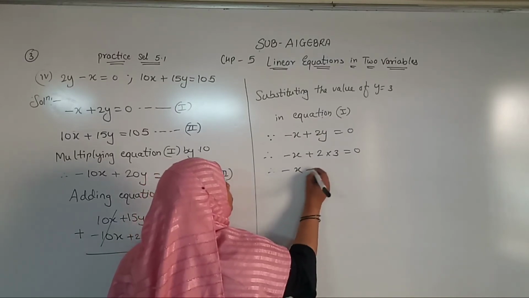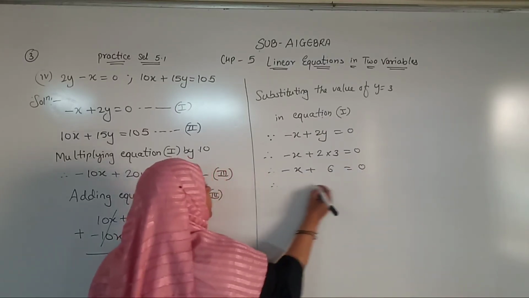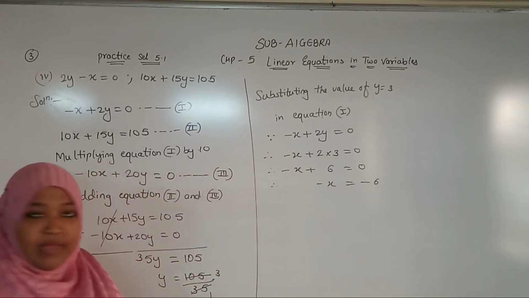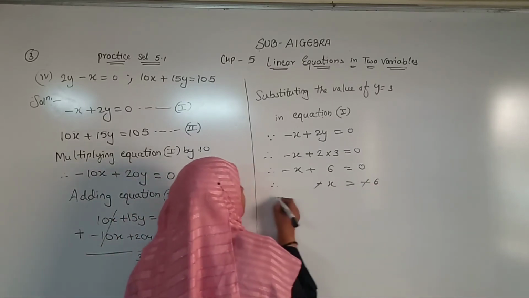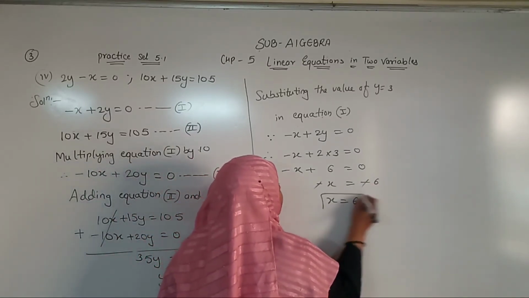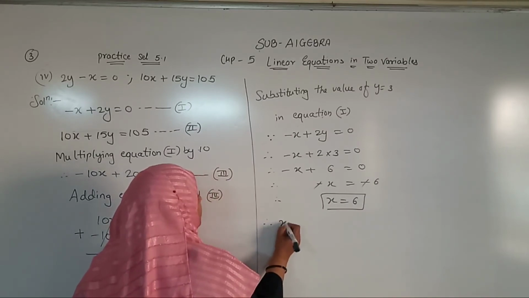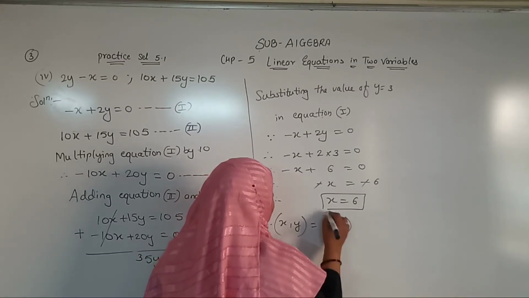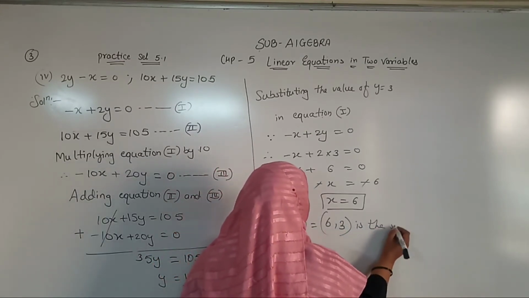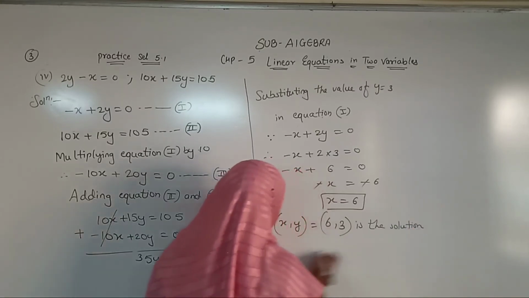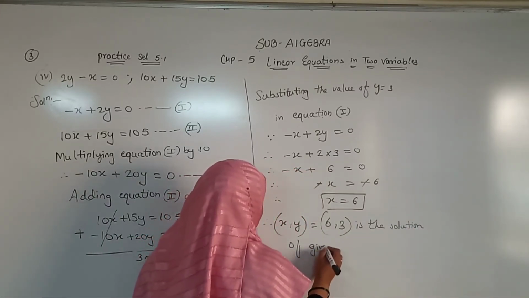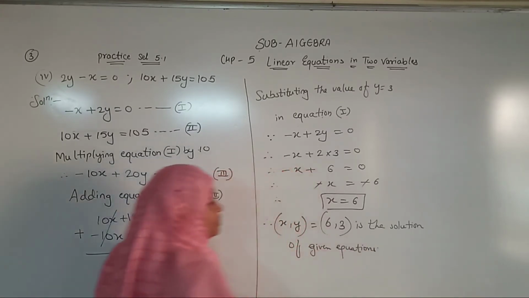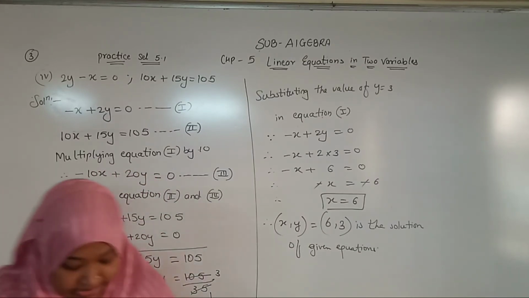Minus x, 2 threes are 6, equals 0. So therefore minus x equals minus 6, and moving the plus 6 across, it becomes minus 6. Minus and minus cancel, so I got the x value as 6. So therefore x and y, that is 6 and 3, is the solution of the given equation. Okay students, come on, write down first, so we can go for the next question.